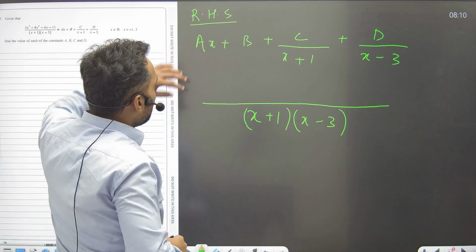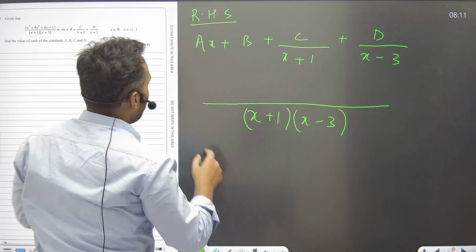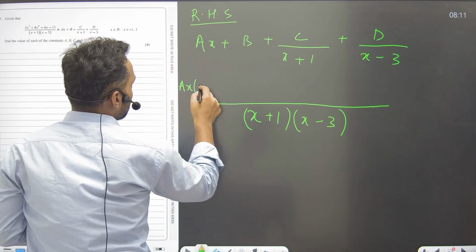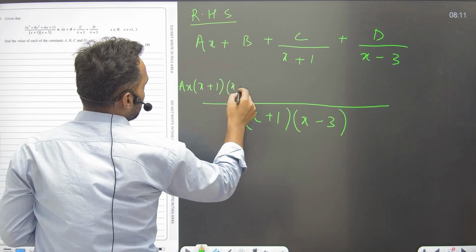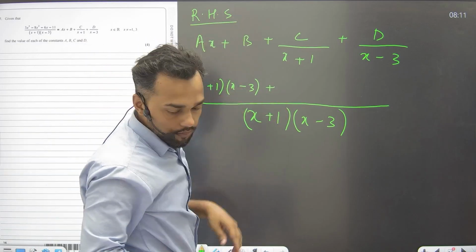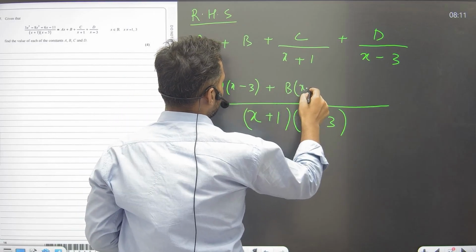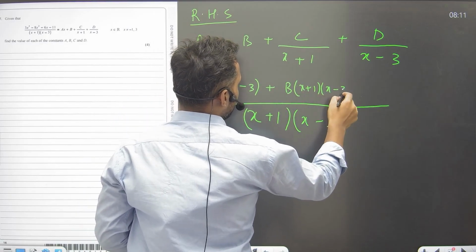Now for ax, the denominator of ax was 1, so we need to multiply it by x plus 1 and x minus 3. Similarly plus b, the denominator of b was 1, so b will be multiplied with x plus 1 and x minus 3.